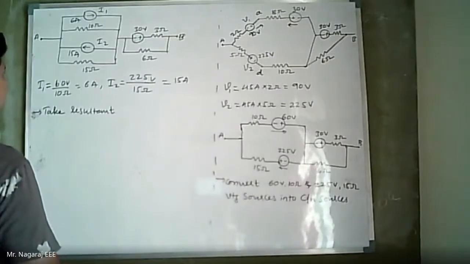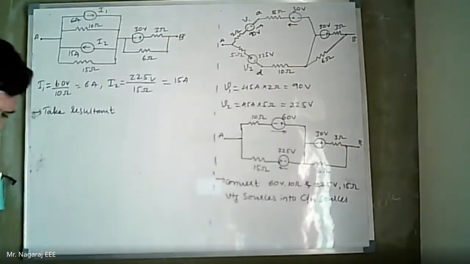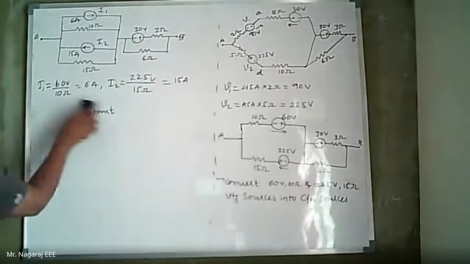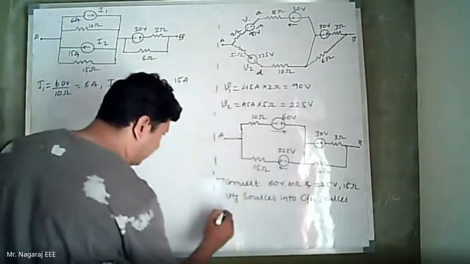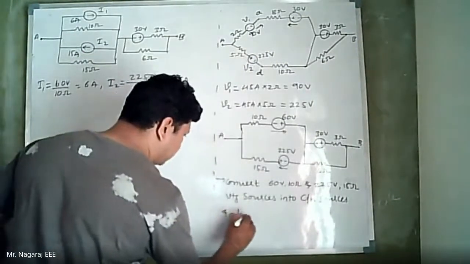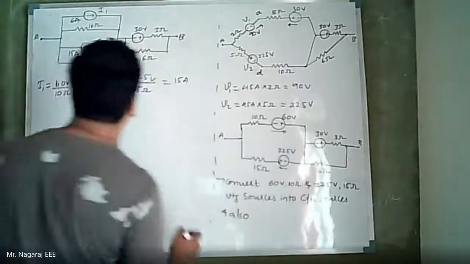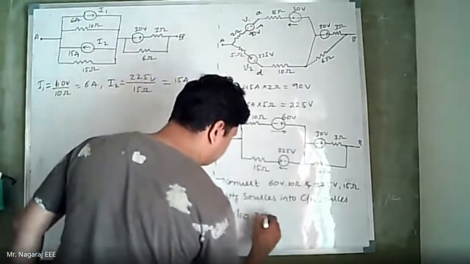I think we can do one more thing here. Convert 30 volt 3 ohm into current source also.